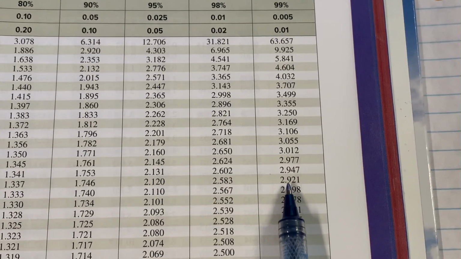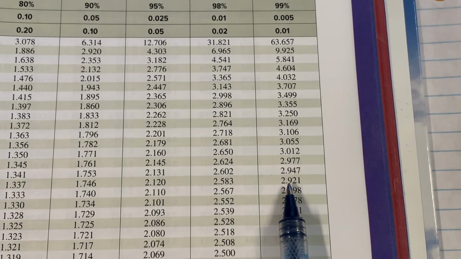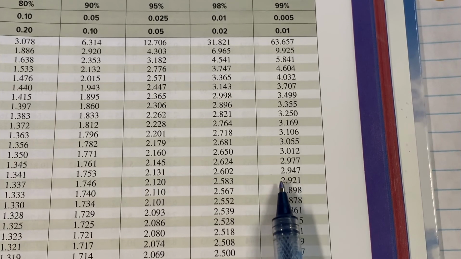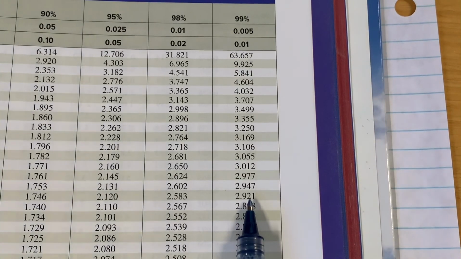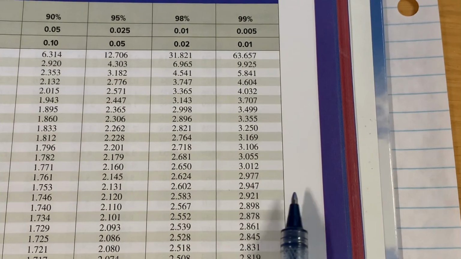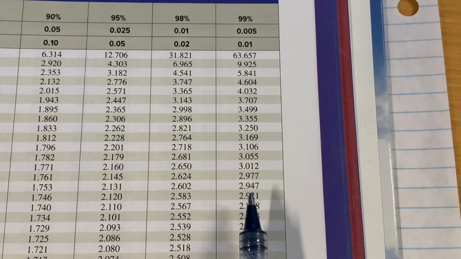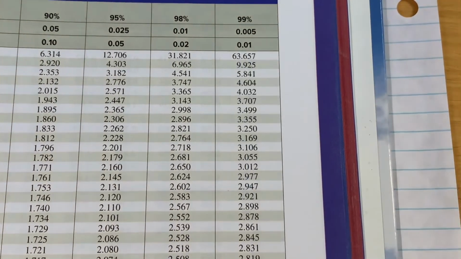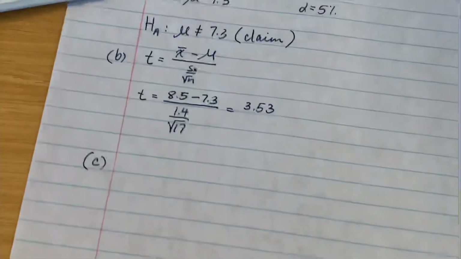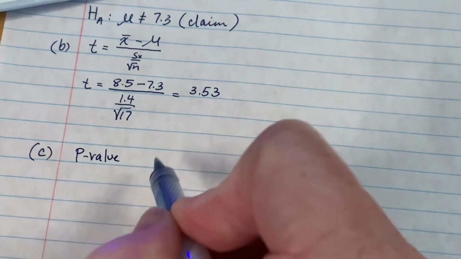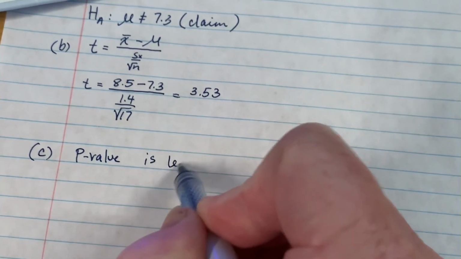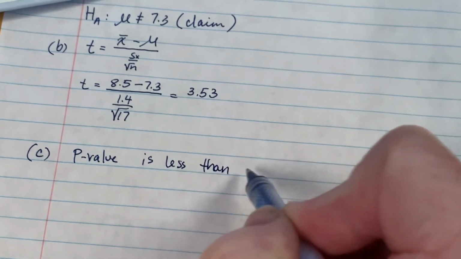I end up here, which says that each tail is less than 1% because my value is more than 2.9. My value is actually 3.53, beyond that, so the probability is even smaller than 1%. So my p-value range is less than 1%.